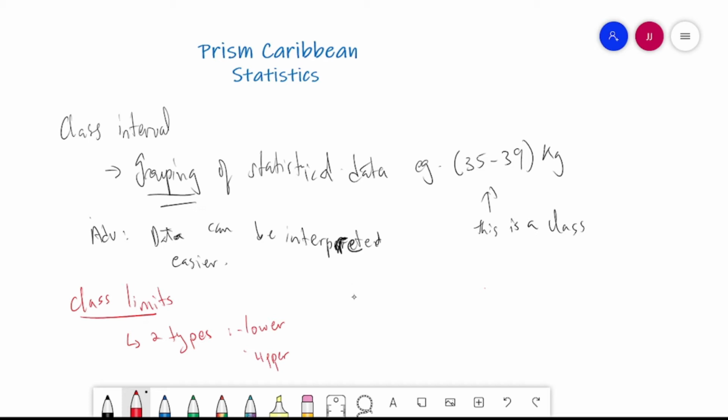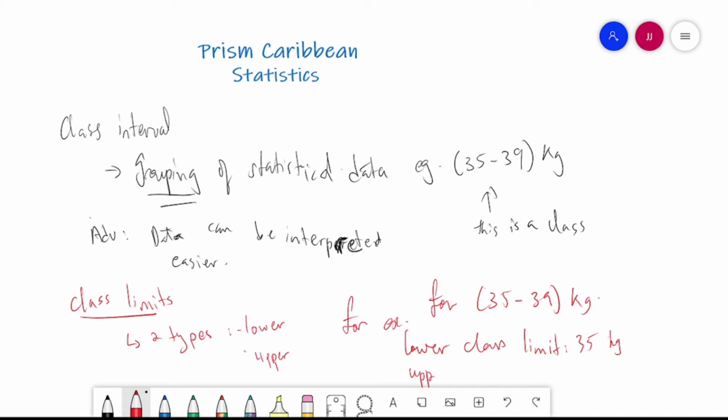So for example, for a class of 35 to 39 kilograms, the lower class limit will be 35 kilograms, and the upper class limit in this case will be 39 kilograms.